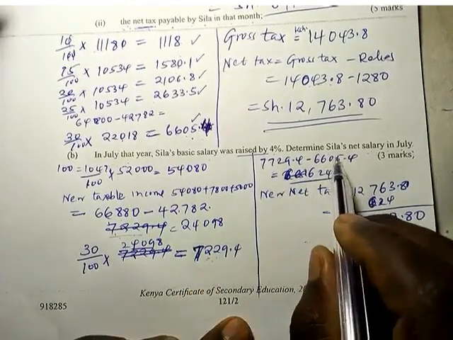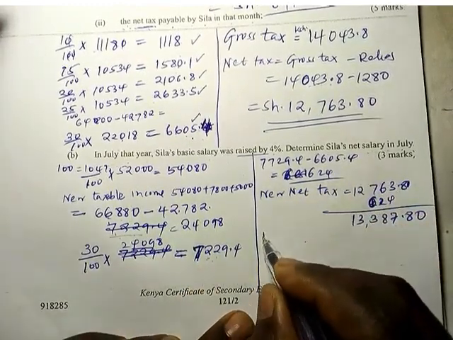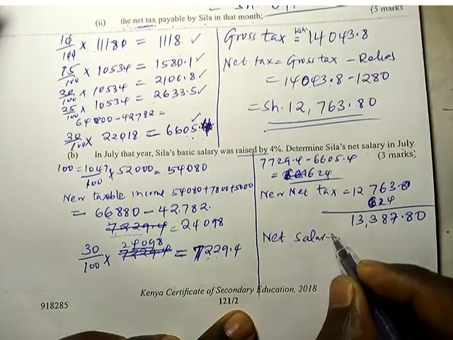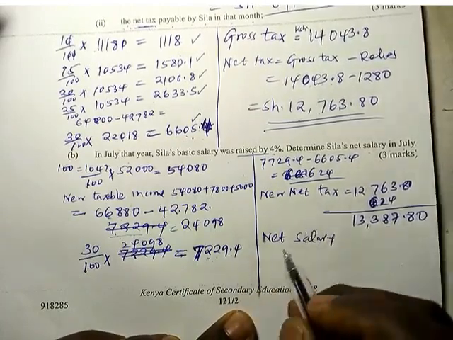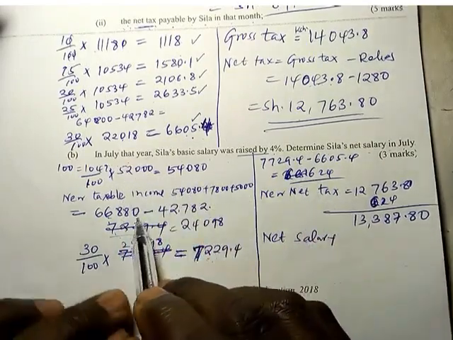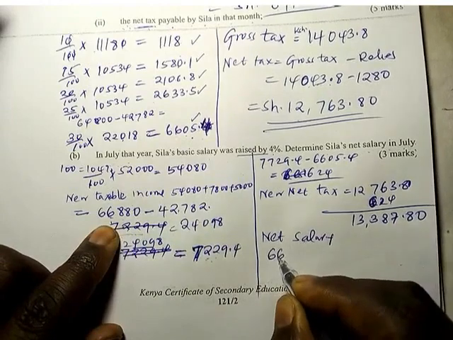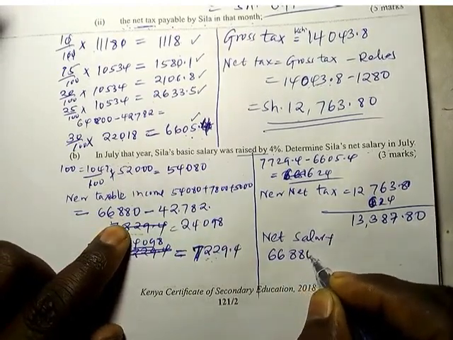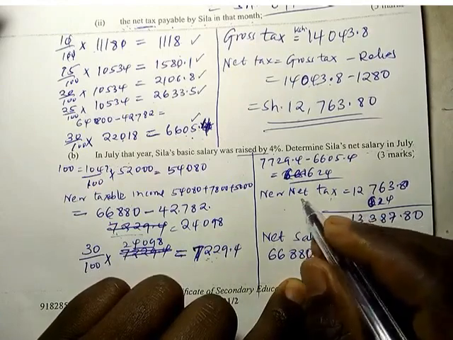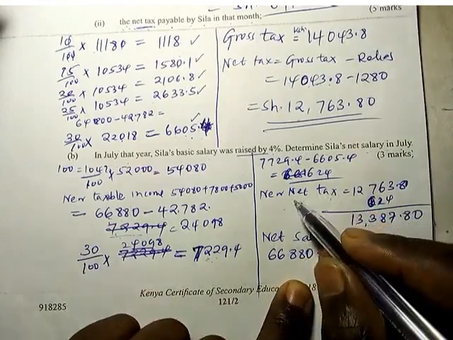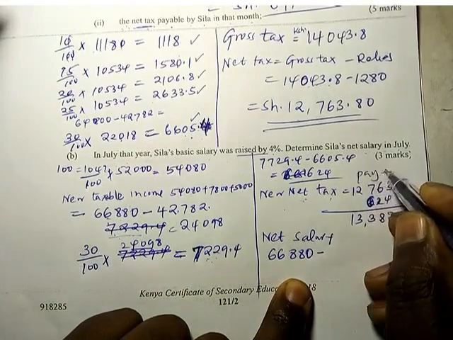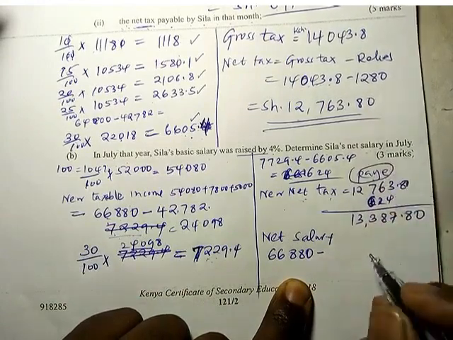So what will be the net salary? Net salary is taxable income minus this one. Now the net salary will be taxable income, which is this one here, 66,880 minus the net tax yenye itaondolewa, the pay. This is pay actually. The pay is being taken away.